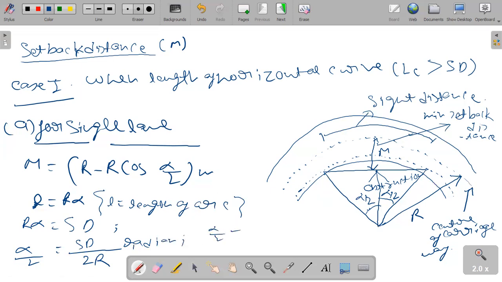So alpha by 2 is equal to SD by 2R, which is in radians. We'll change it to degrees. So alpha by 2 is equal to SD by 2R into 180 degrees divided by pi. So this is all about the setback distance for single lane. Let's move forward to multi-lane.